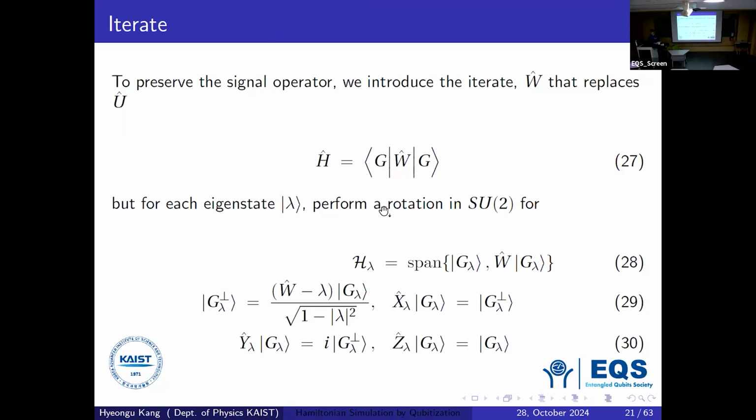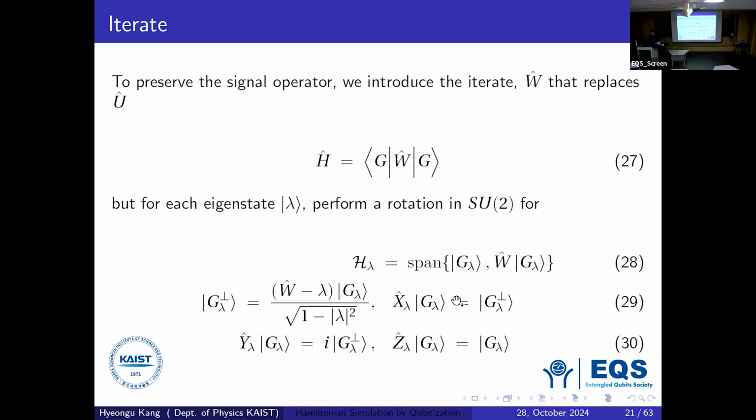And to resolve this problem, we introduce the iterate. This iterate acts somewhat like U, but for each eigenstate of H, it just performs a rotation in SU(2). So in the H-lambda space, we can define some Pauli matrices too, because it is just a 2-dimensional space.